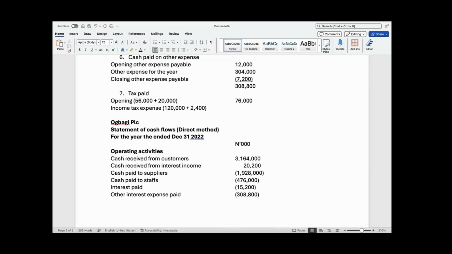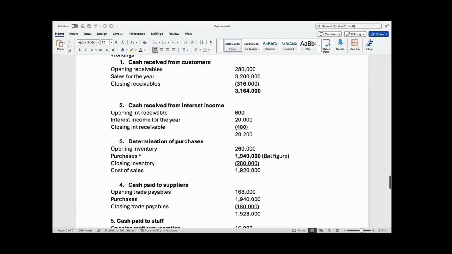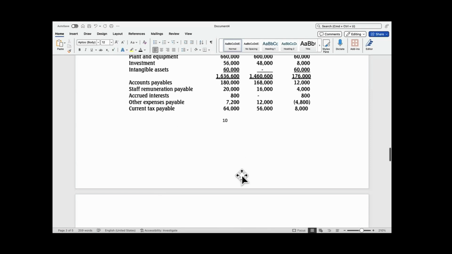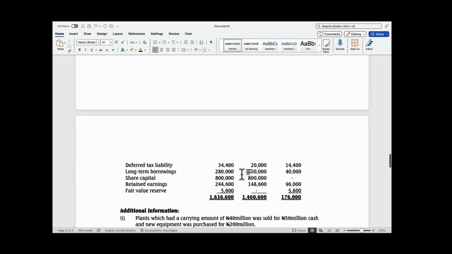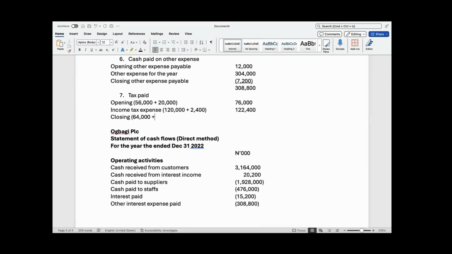Then the closing. I go to my current tax. The closing is 64. My deferred tax, the closing is 34,400. So 64 plus 34,400. How much is that? 94,400.